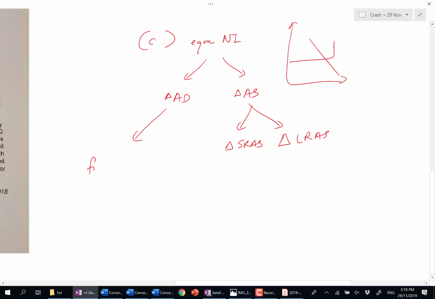The final change in AD is given by the original change in spending multiplied by K. You may have seen this diagram in your notes. Yes, we've seen that before. The multiplier process. So this is the final change in AD. It has to go through a multiplier process.